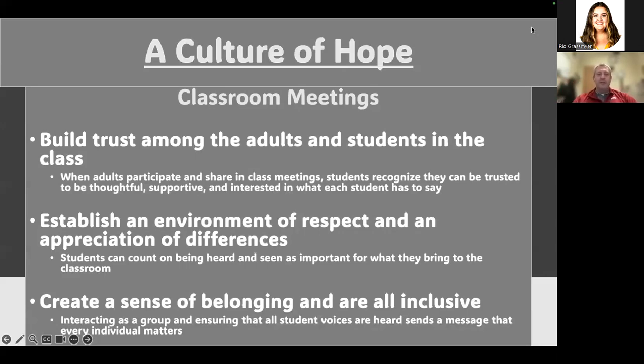Allow them to understand that that's okay. Create a sense of belonging. That's so important. Inclusiveness and belonging. If everyone in your classroom feels welcomed, loved, respected, you've now created an inclusive classroom, regardless of where they came from, regardless of what they believe, and regardless of what they look like.